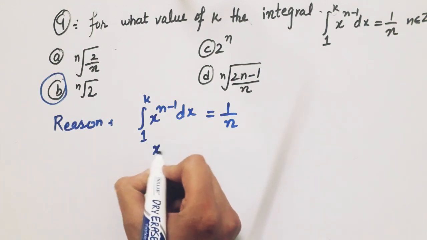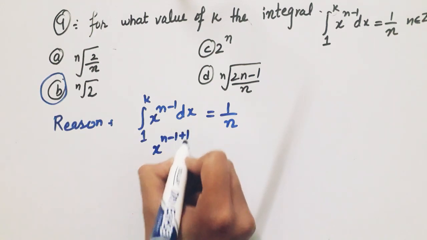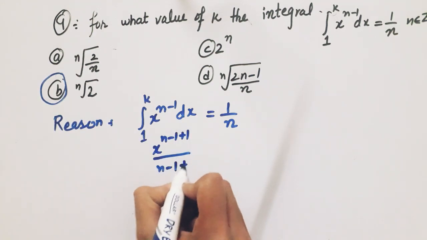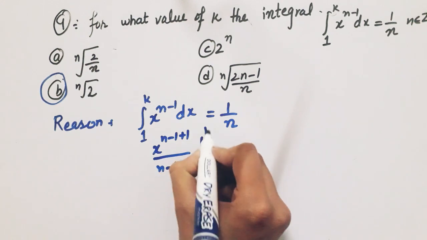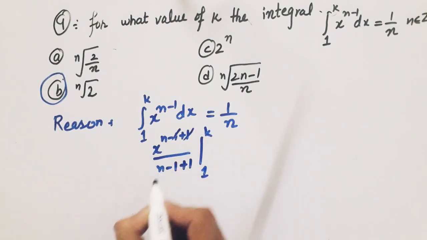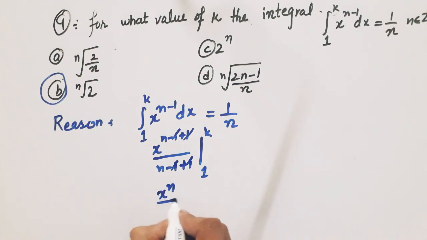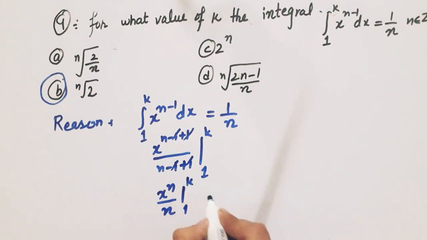So when integrating, x raised to power n minus 1 plus 1 over n minus 1 plus 1, with limits from 1 to k. So minus 1 and plus 1 cancel out and you have x raised to power n by n, with limits from 1 to k, which is equal to 1 by n. So n will be multiplied by this.